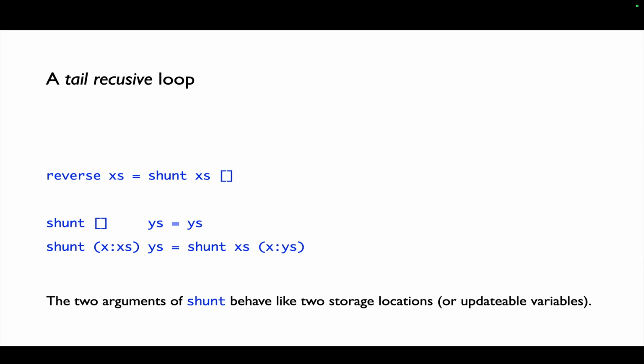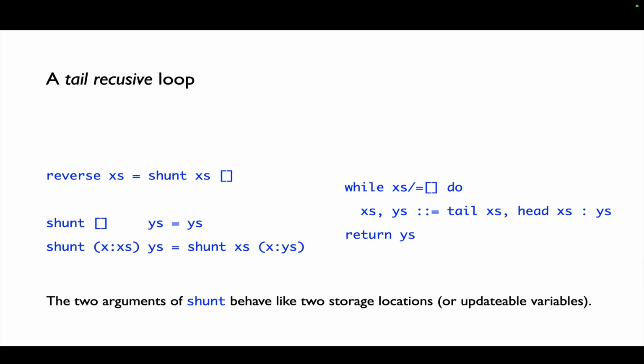And if you look at what's happening in the second clause here, the before case is that we have x colon x's and y's, and in the after case we've got x's and x colon y's. So it's almost as though we're updating those positions, and we repeatedly update those positions until we hit a point where the first element is empty.